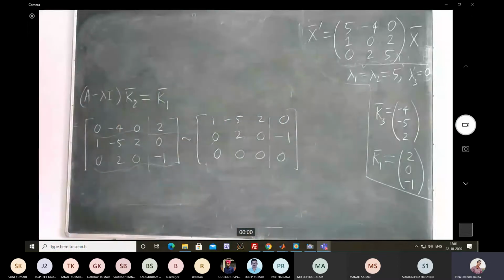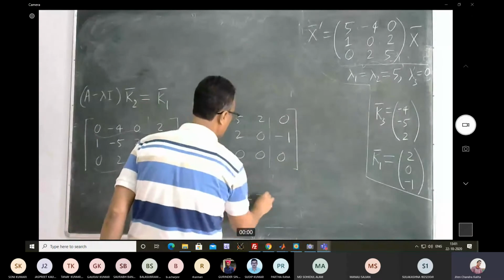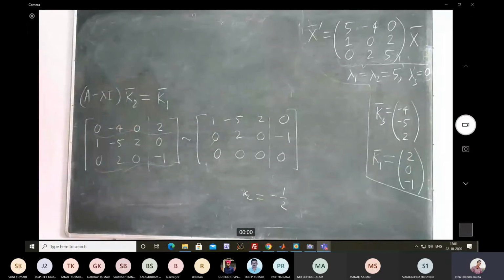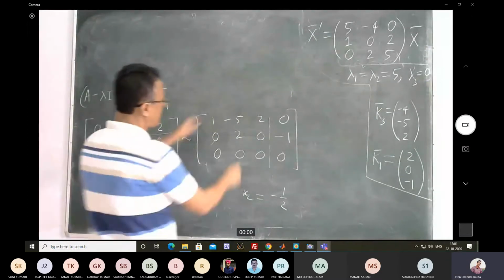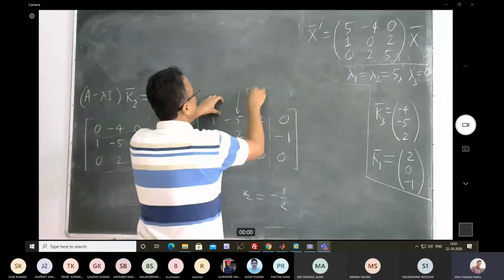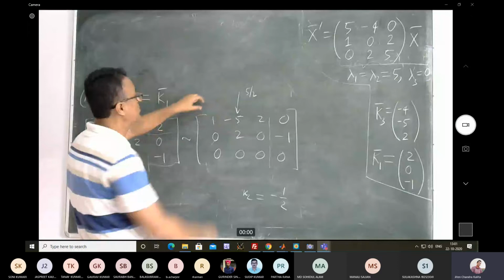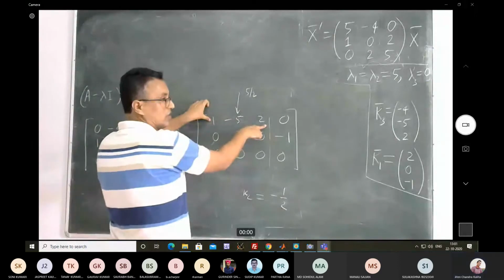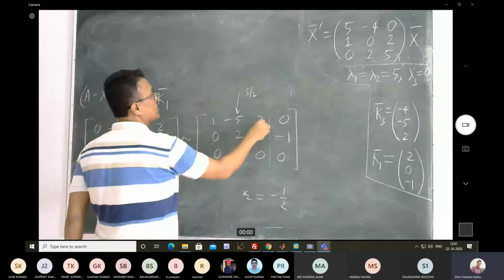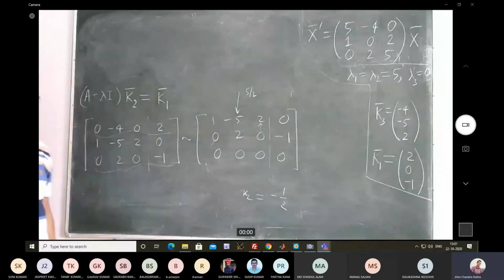Fine. So that means the second entry, if I call it small k2, I am getting as minus half. Now the rest is simple. If I plug in k2 equal to minus half, this is going to give me 5 by 2. Either you make this 0 or this 0 and make the adjustment. So if I make this 0 and make it minus 5 by 2, I am done. Are you getting my point?